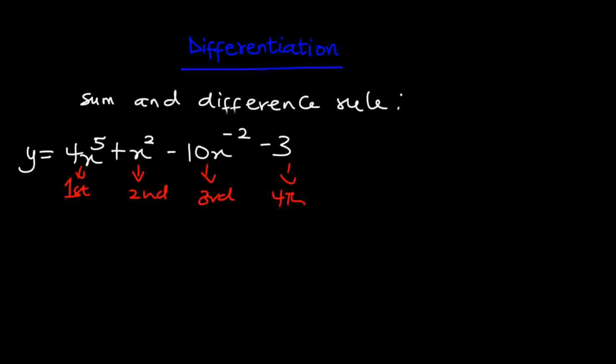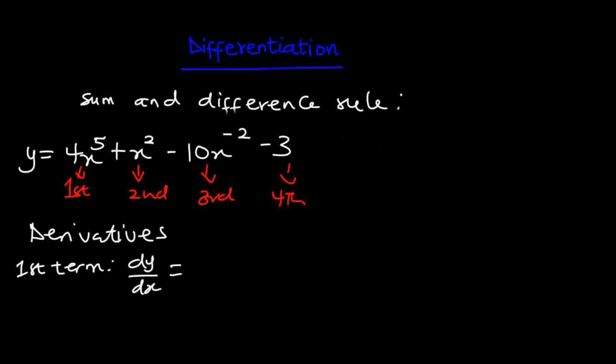So I'm going to take the derivative of each of these terms. So for the first term, the derivative dy over dx will be equal to 5 times 4x to the power 5 minus 1.